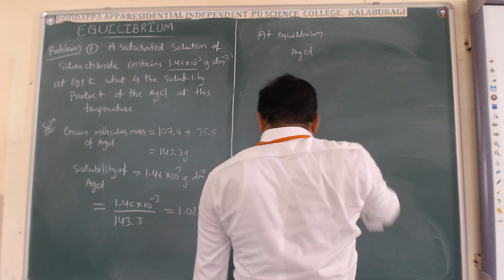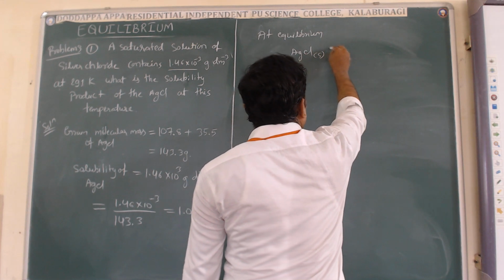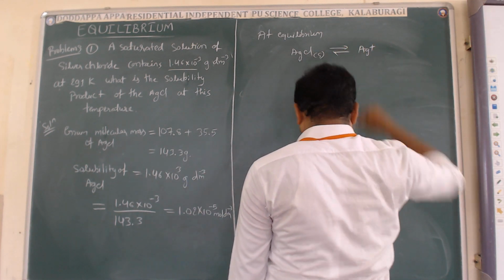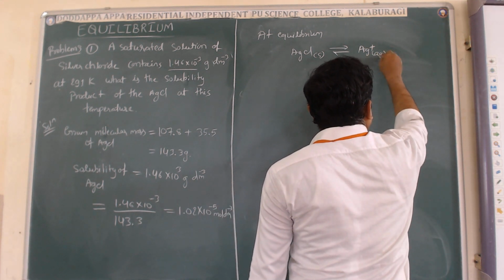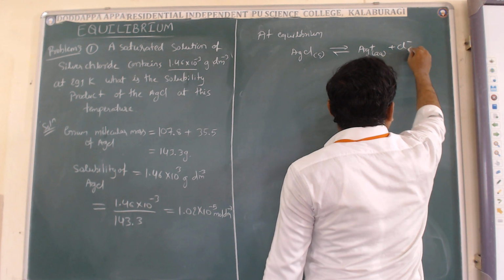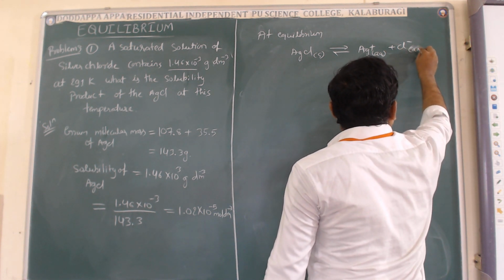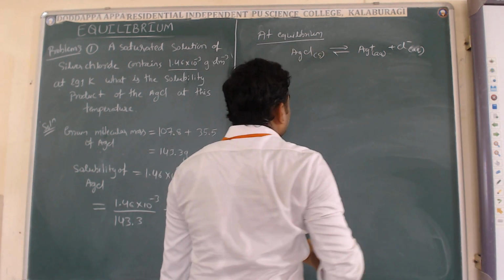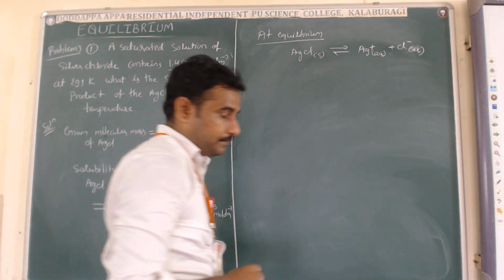AgCl, in the form of solid, dissociates to give Ag plus in the aqueous form plus Cl minus. At equilibrium, AgCl is dissociated to give Ag plus and Cl minus here.